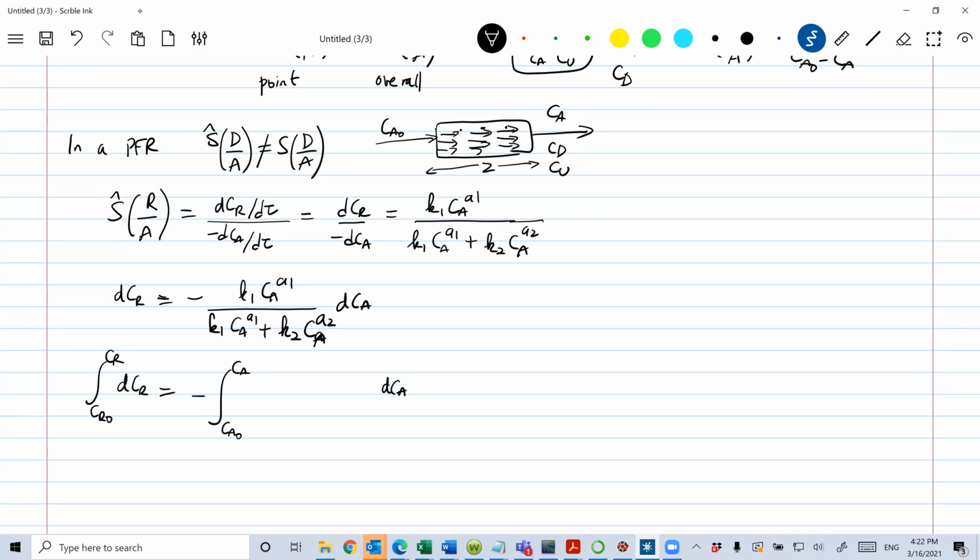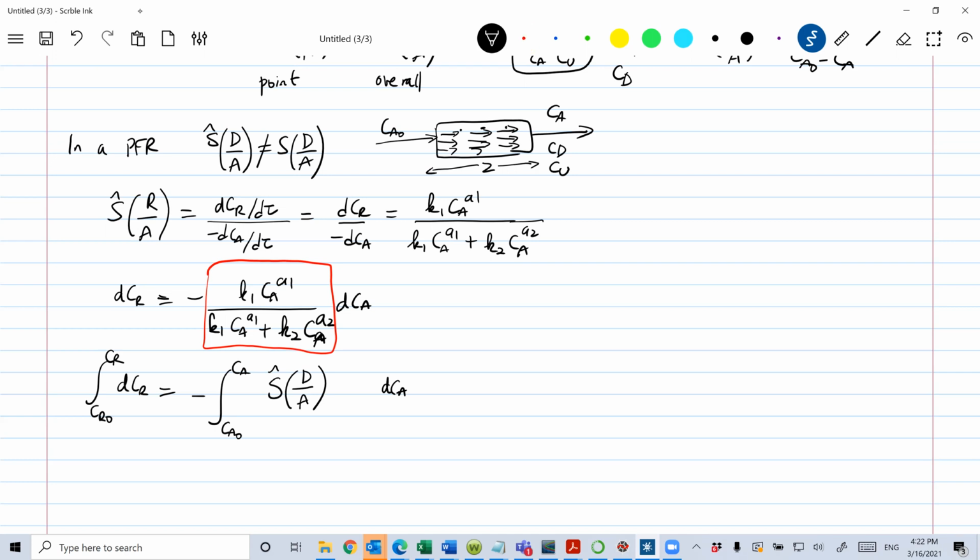And I put the minus outside. And what you notice is that we are integrating the instantaneous selectivity. That's what we're doing, right? So this is this term here. I don't want to be writing it every time before I mess up a subscript.